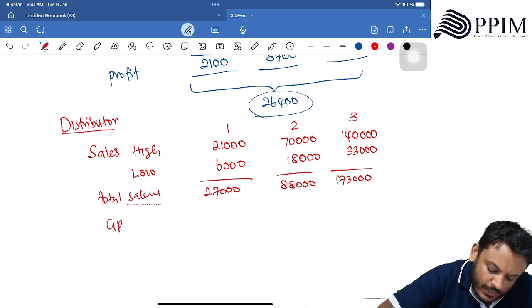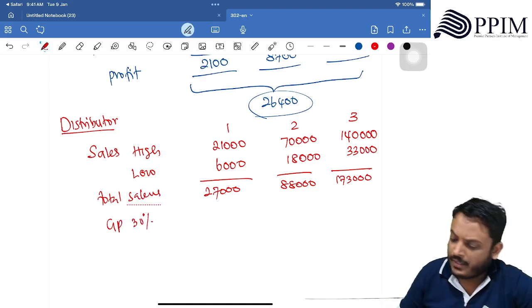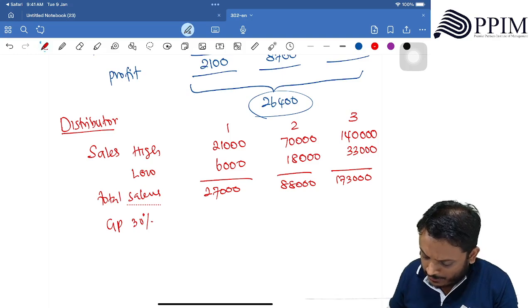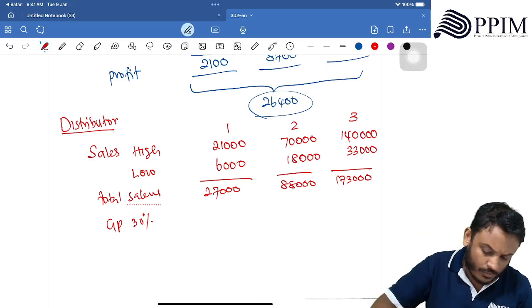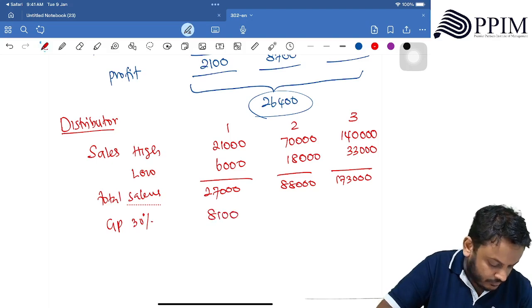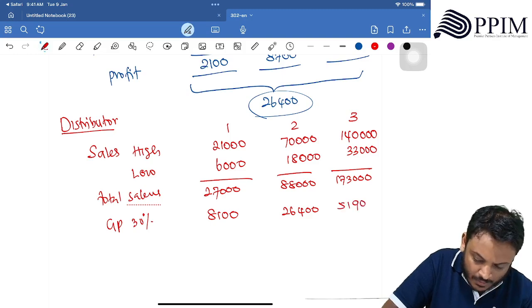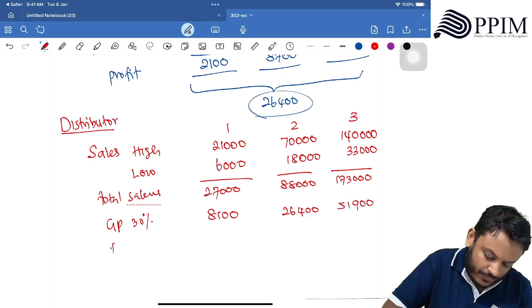Now gross profit is 30%. So 27,000 at 30% is 8,100, 26,400, 51,900. This is your gross profit.